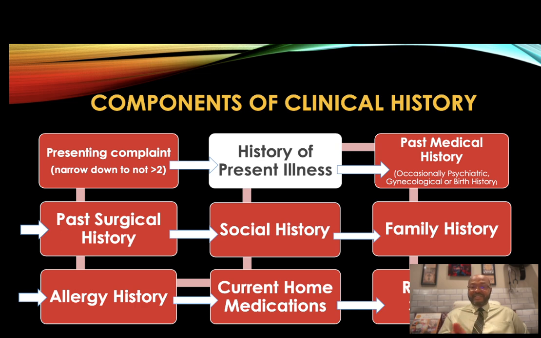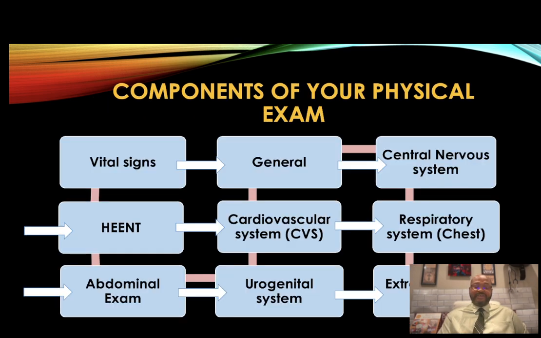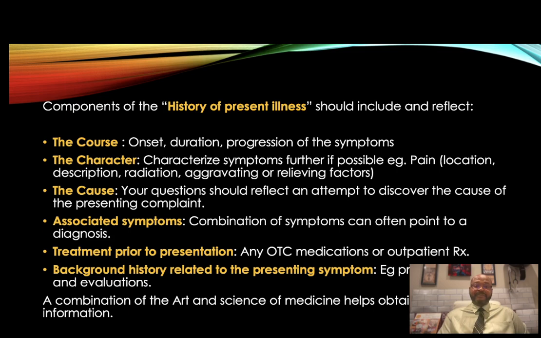And then, of course, you have your past medical history, occasionally the psychiatric and the gynecological history, the past surgical history, the social history, your family history, your allergy history, current home medications, review of system, etc. And then, of course, your physical exam, the vital signs, your general impression of the patient, the CNS exam, the head, eye, ear, nose, throat examination, or the neck, the cardiovascular system, respiratory system, abdominal exam, urogenital system exams, and the extremities and the skin.